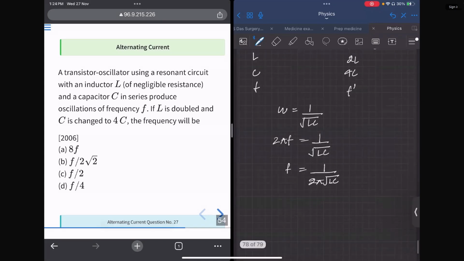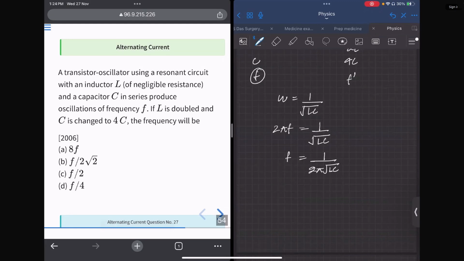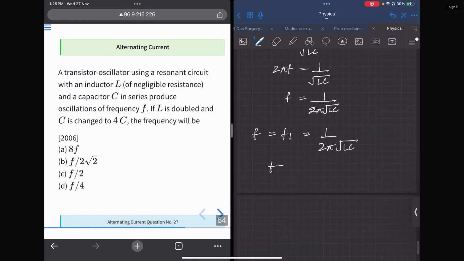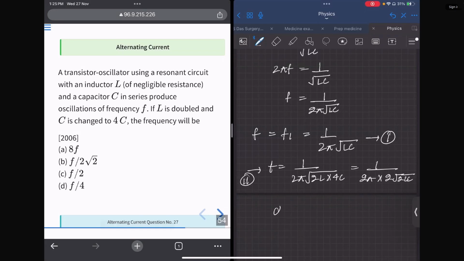Okay, so we will calculate the ratio between frequencies in case 1 and case 2. So F1 is 1 by 2 pi root LC, which is equal to F. F dash is equal to 1 by 2 pi, we have 2L and 4C, which is 1 by 2 pi into 2 root 2 root LC. So if we divide, this is the first equation and this is the second equation.